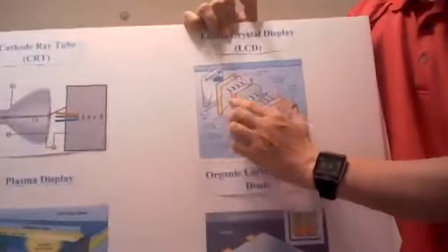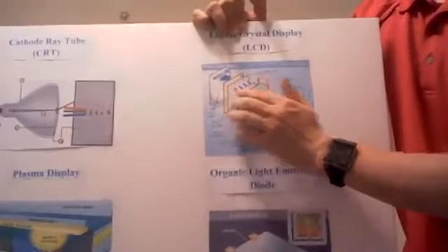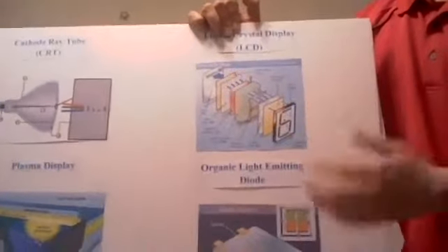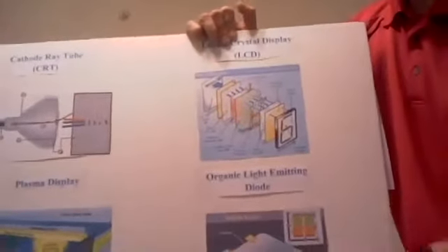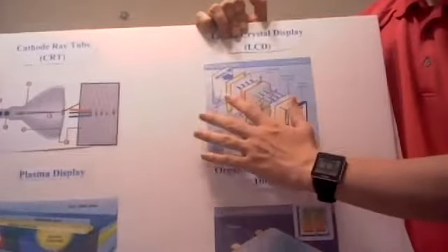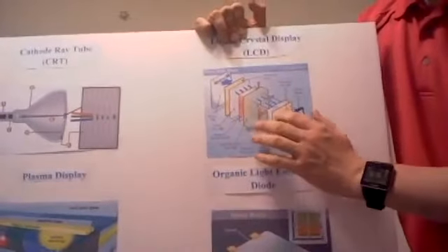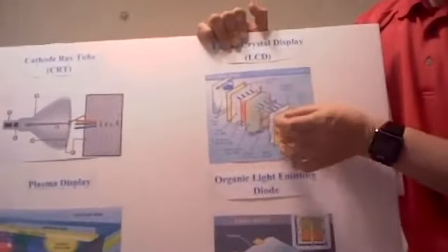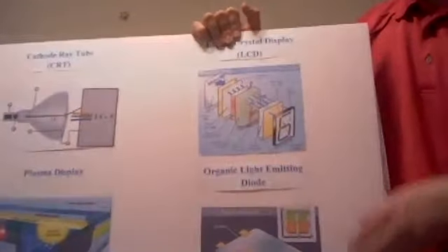In watches, it has a mirror in the back, which reflects light, and you get the black and white color. But in the modern LCD TVs, it has a white fluorescent backlight, and also has a lot smaller size, and they flow through red, blue, and green filters to create light.